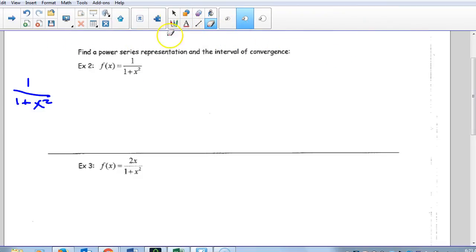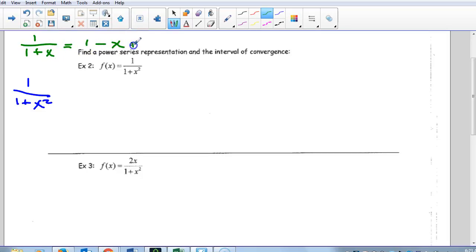I'm going to write this one since we just found it. This was the alternating series. 1 minus x plus x squared minus x cubed plus x to the 4th plus blah, blah, blah.